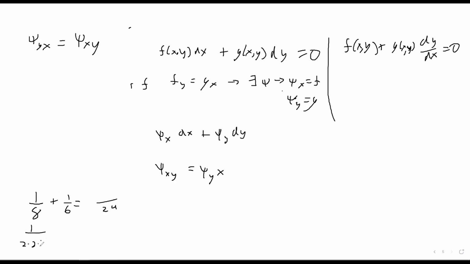You write 2 times 2 times 2, 2 times 3. And you only pick one of the two 2's that are in the pair. And then you take all the others. So the common denominator is 2 times 2 times 2 times 3, which is equal to 24.